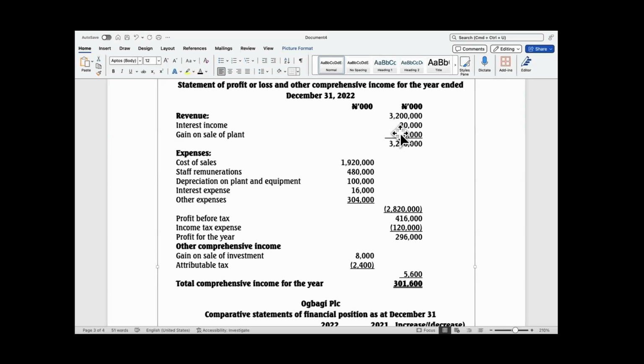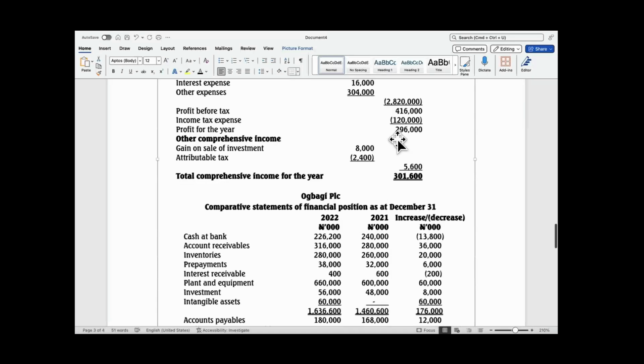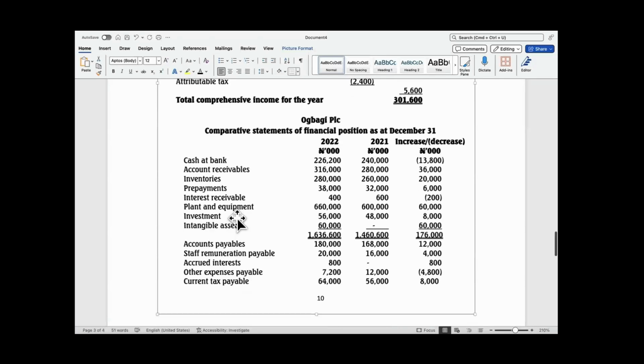I'll go and check. Is anybody owing me interest? How will I know? I go to my current assets because that is where I can find receivables. And as you can see, after prepayment, there is an interest receivable here. I hope you can all see it.